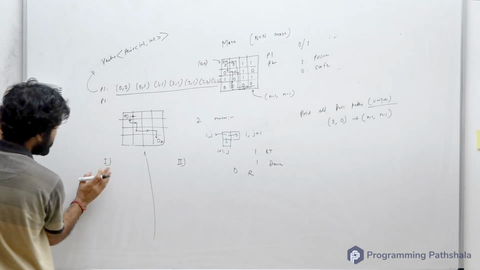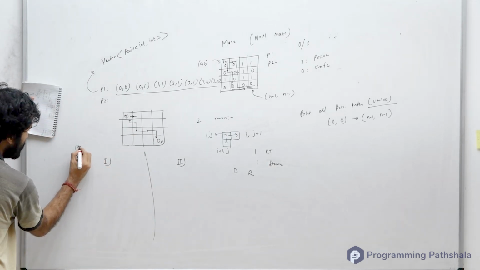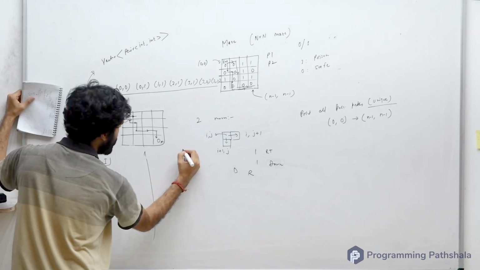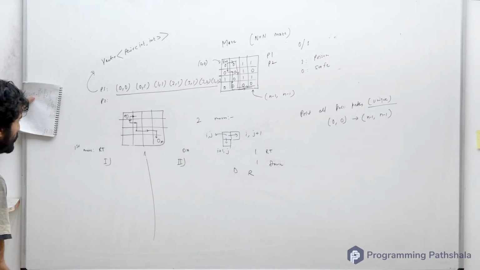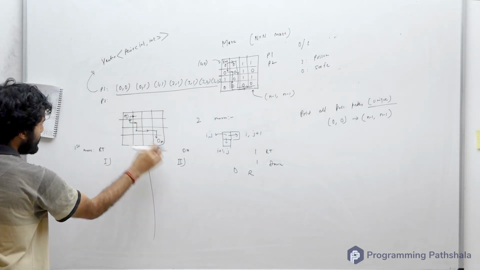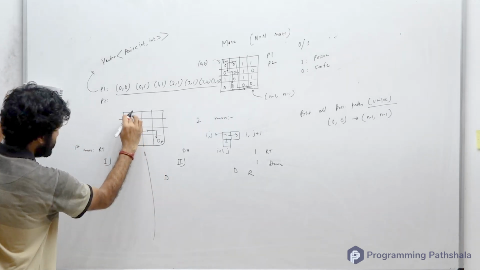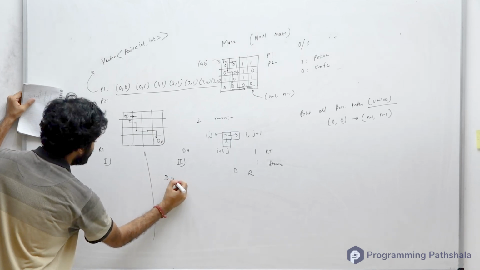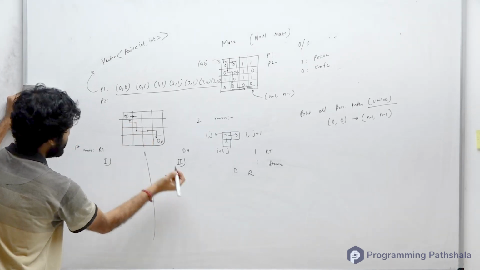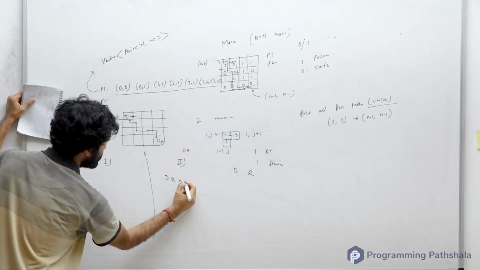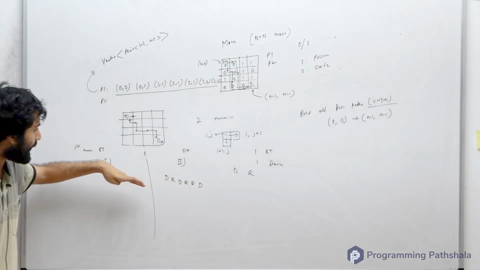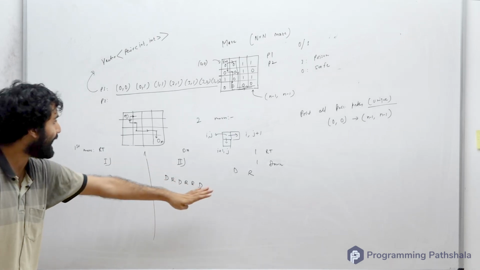This is for those paths where the first move is a right move, and this is for those paths where the first move is a down move. So this path where the first move is down would definitely come in this category, and it can be written as D, down, then right, then down, then right, then down, right? So basically any path can be written as a string of R and D.